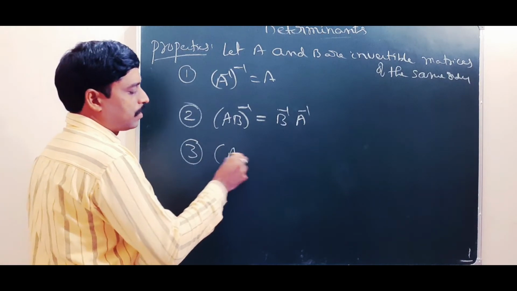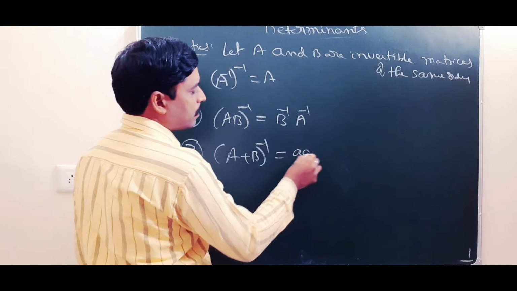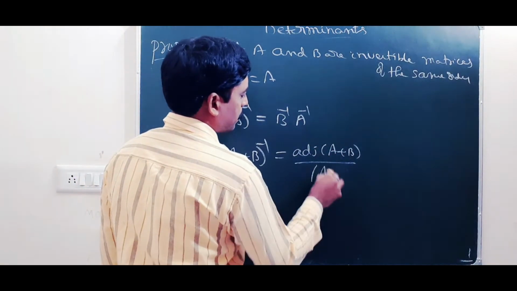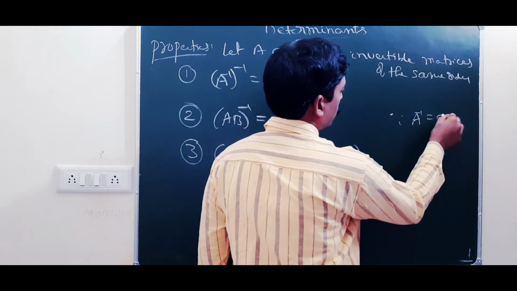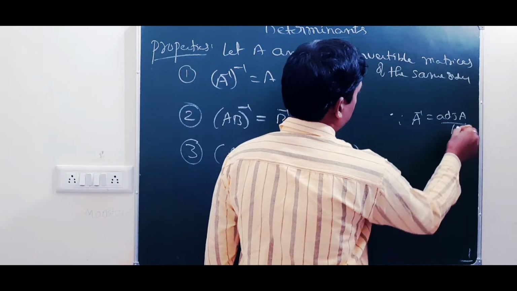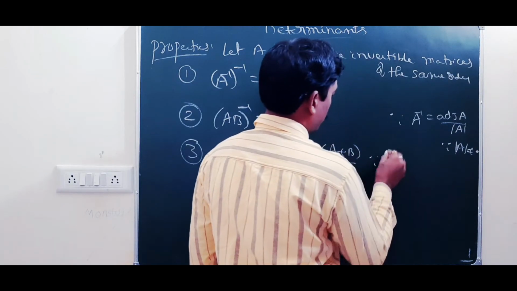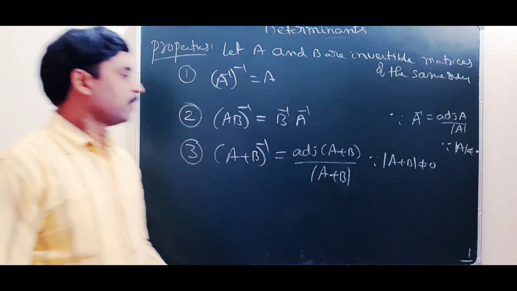A plus B whole inverse. A plus B whole inverse is equal to adjoint of A plus B by det of A plus B. We have the A inverse formula, adjoint of A by det A, where det A is not equal to 0. In this, det of A plus B is not equal to 0. So what is the formula?